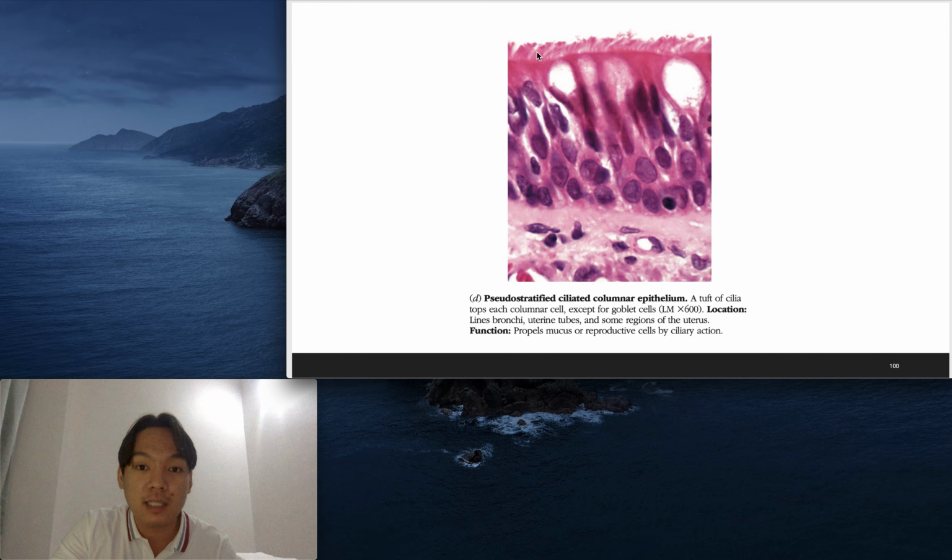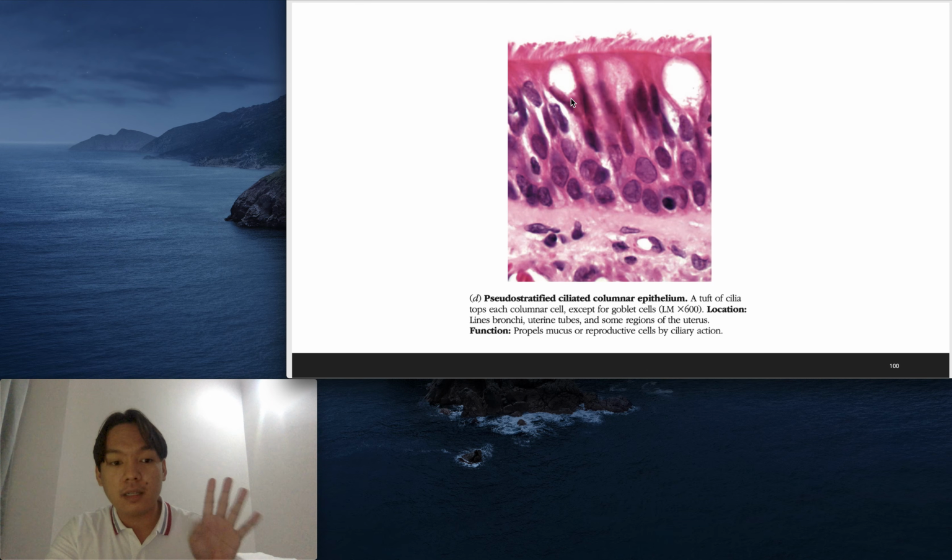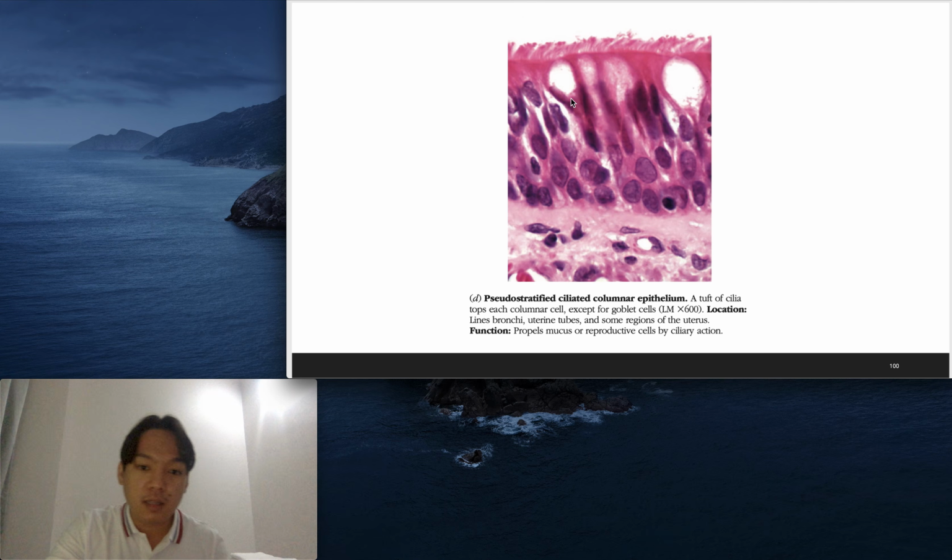Try to look at the cilia here on the surface. It lines your bronchi, uterine tubes, and some regions of your uterus. And what are the functions of this pseudostratified ciliated columnar epithelium? They propel mucus or reproductive cells by ciliary action. So these cilia are moving the mucus or reproductive cells.